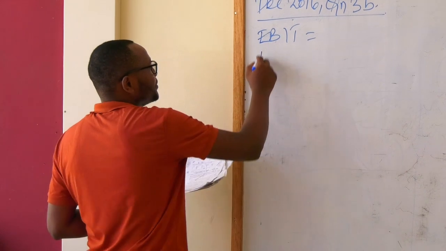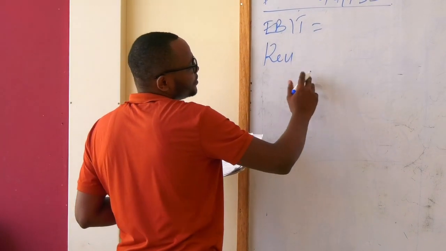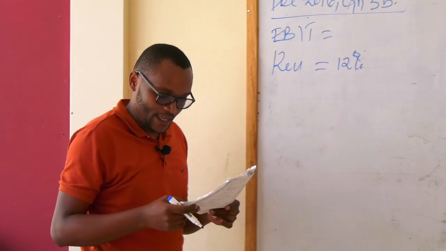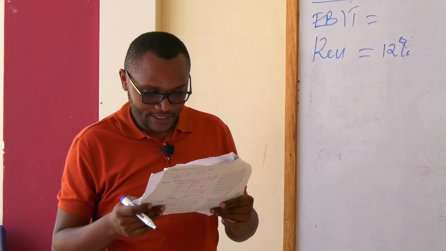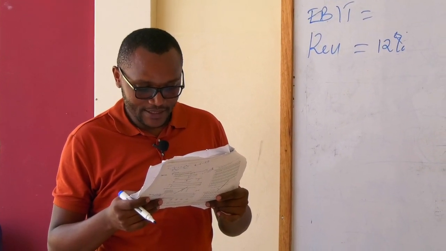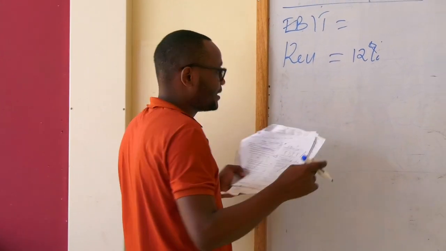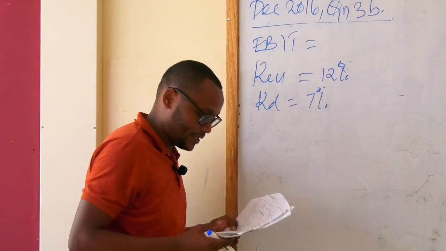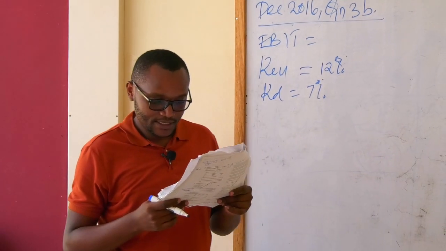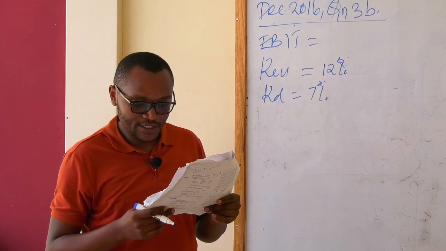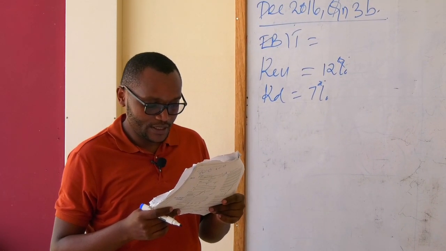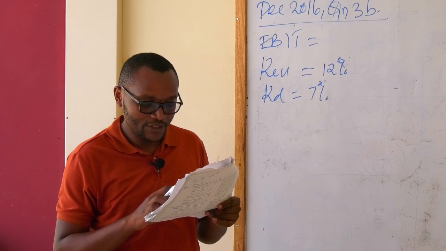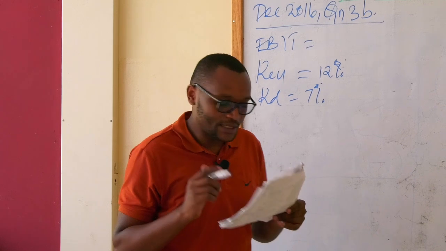Don't forget, that is the cost of equity of an unlevered firm, 12%. Then the company can borrow debt at the rate of 7% per annum. Cost of debt, that is 7%. The management is in the process of deciding how to raise the required 10 million debt finance. Assume the Modigliani and Miller assumptions apply.